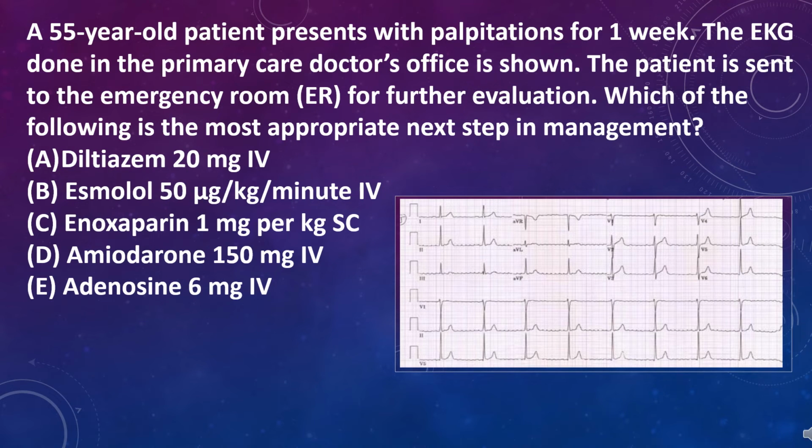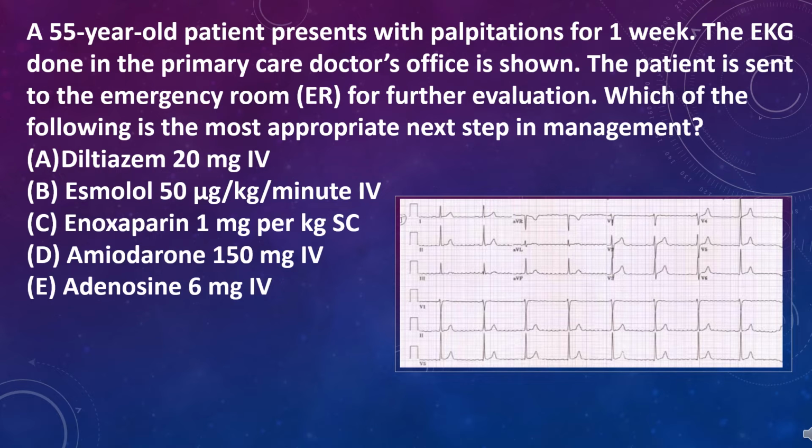A 55-year-old patient presents with palpitations for 1 week. The EKG done in the primary care doctor's office is shown. The patient is sent to the emergency room for further evaluation. Which of the following is the most appropriate next step in management? A. Diltiazem 20 mg IV.